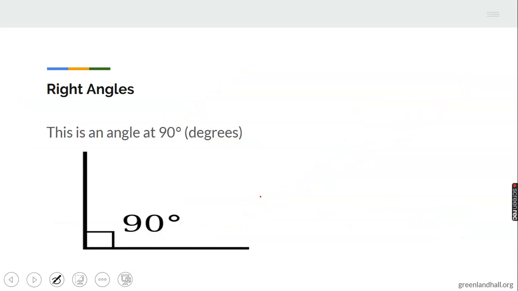So okay, let's now go to the first angle I will be teaching you today, which is right angles. A right angle is an angle at 90 degrees. At what? 90 degrees. Please look at this picture here. Sorry my hand is not very straight, that's why I brought the picture out for you to see very clearly. This is 90 degrees.